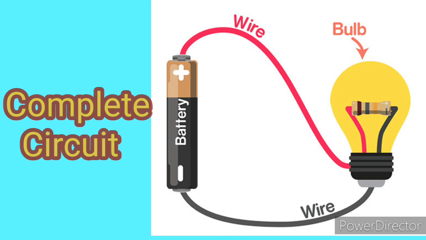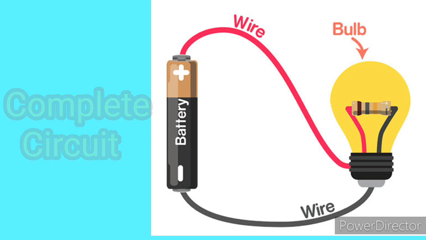Electricity flows from a battery's negative terminal through the bulb, then to the positive terminal, and then through the battery and back to the negative terminal. This is a complete circuit. This continues as long as the circuit is complete because a circuit has no beginning and no ending.